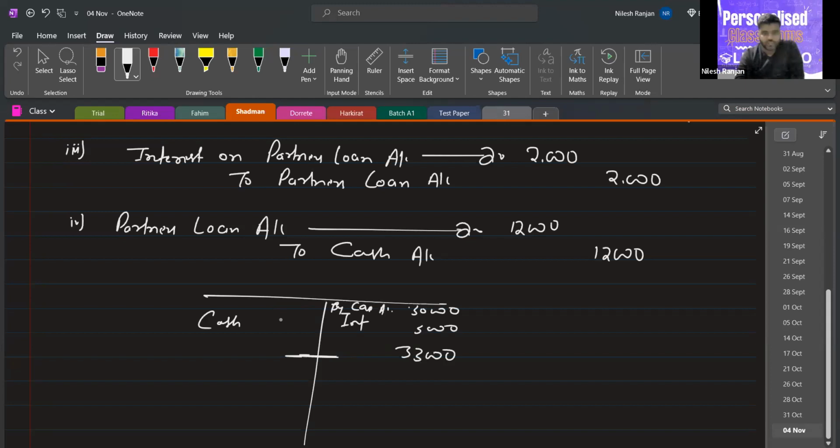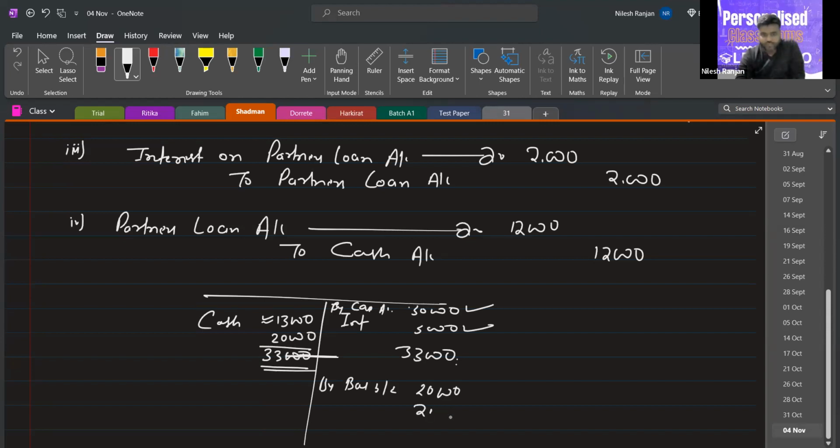Here you will write cash 13,000 and the balance will be 20,000. 30,000 was the balance amount payable, 3,000 interest, 33,000. 33,000 minus 13,000, which is paid in the first year, so the balance is 20,000. This balance will be written here as balance carried down, 20,000.